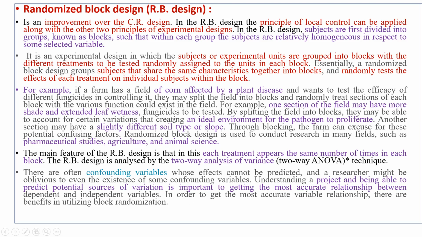The fifth one may have a lot of slope. So through blocking, the farm can now account for these potential confounding factors. All of these are confounding factors, and you are treating all 5 sections with the same fungicide, for example.